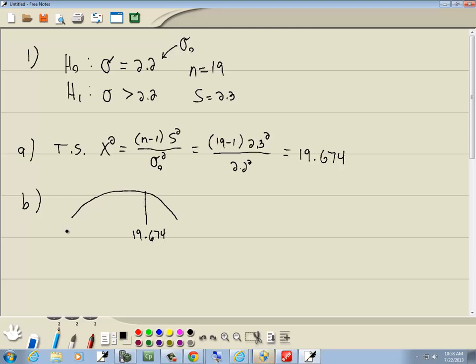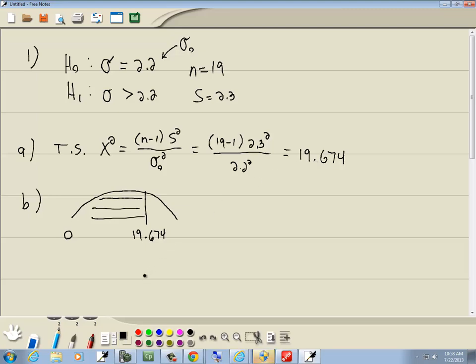This goes from 0 up to 19.674. Now this is not our critical value. This is just showing us the area, the probability going up to our test statistic.